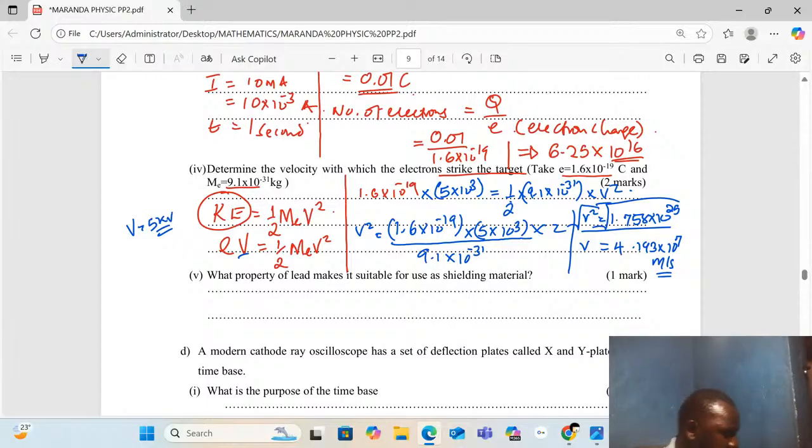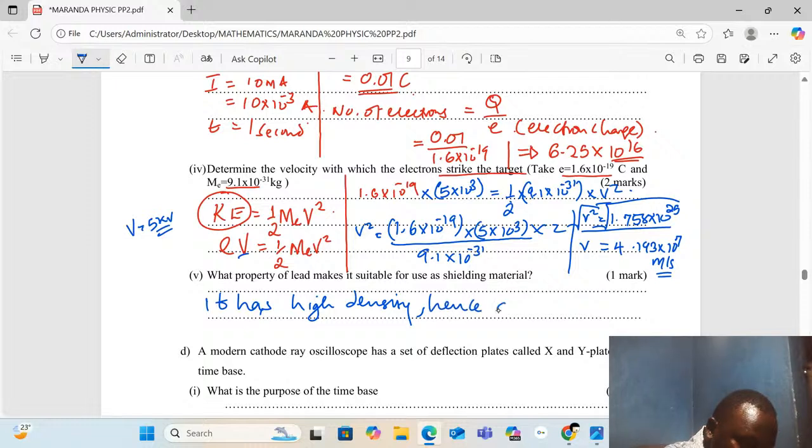It has a very high density, hence it absorbs stray X-rays.